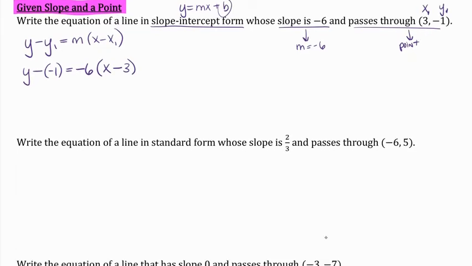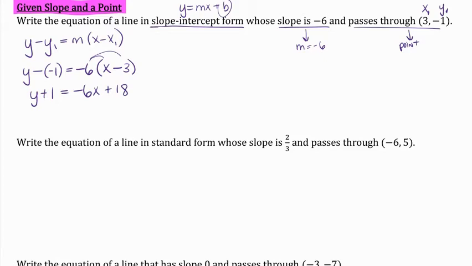Okay? All right, then we can simplify a little bit. If I have y minus negative 1, minus a negative, that's the same thing as adding a positive, right? Subtracting is the same as adding the opposite. So I'm going to make this y plus 1, and then I'm going to distribute my negative 6. So negative 6x, and then negative 6 times negative 3 would make positive 18.